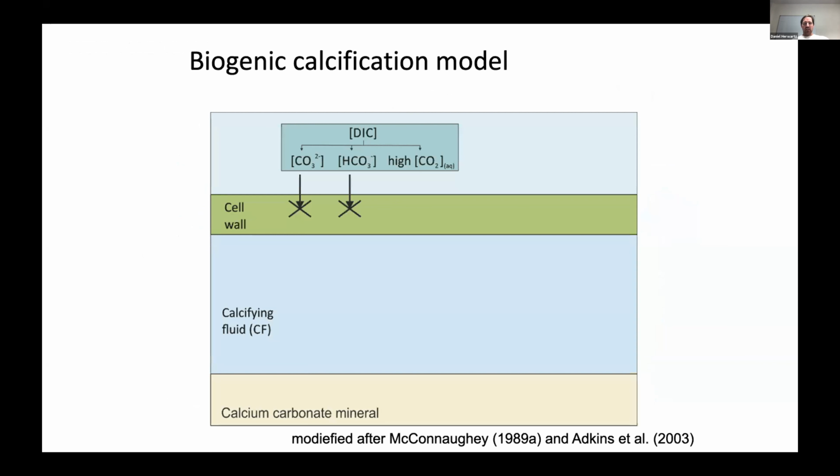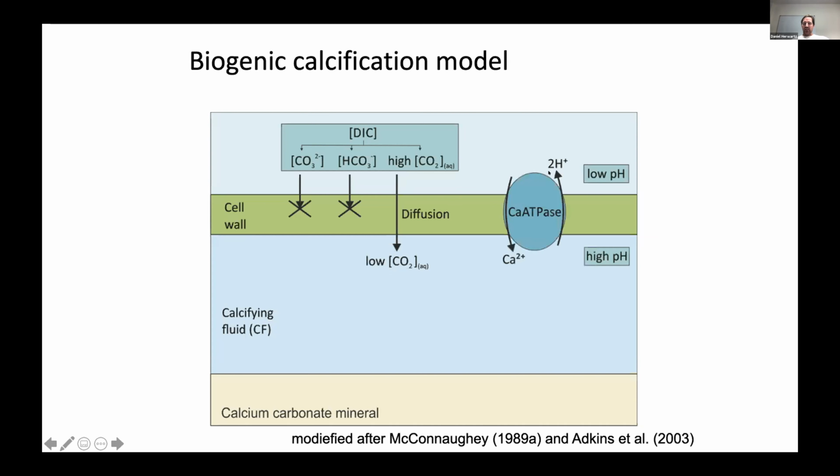So if you have biogenic calcification of a calcium carbonate mineral down here, up here would be seawater, and the DIC in the seawater somehow has to be precipitated into this calcium carbonate mineral. So there's a cell wall separating the calcium carbonate and the calcifying fluid, and the CO2 diffuses through the cell wall into the calcifying fluid, and then it has to react to carbonate and bicarbonate to precipitate as calcium carbonate.